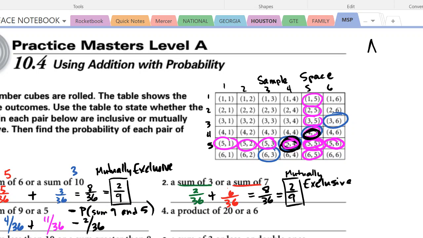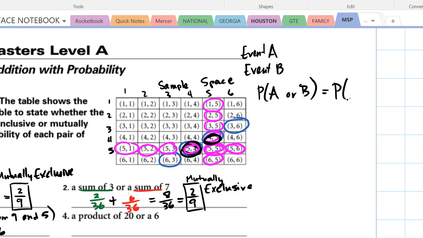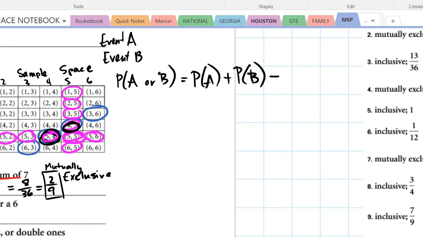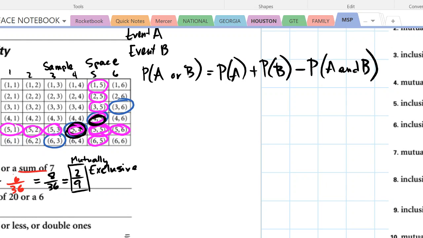Okay, so if you've got event A and event B, in order to figure out the probability of event A or event B, you have to figure out the probability of event A, add it to the probability of event B, but you have to subtract out any that happen in both A and B. You have to subtract out one time the overlap that A and B both accounted for.